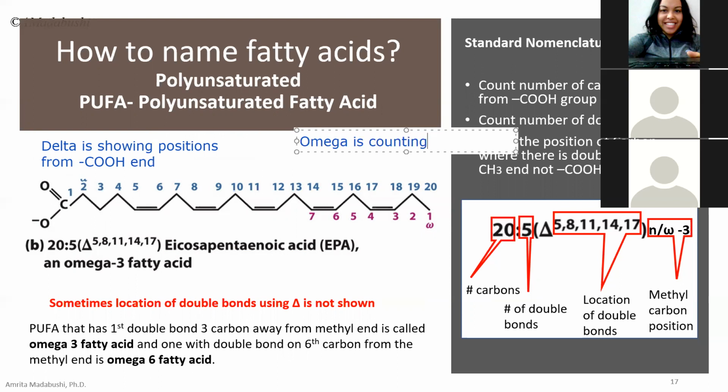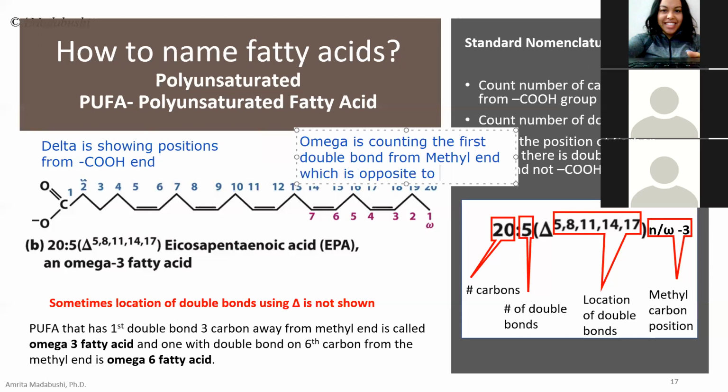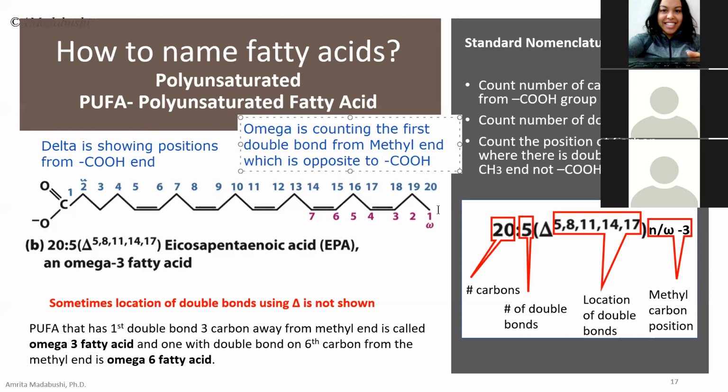Omega is counting the first double bond from the methyl end, which is opposite to COOH. So that is the difference. Omega is counting from the right side, which is the methyl end, and delta is from the COOH side, which is the carboxyl end. They are both for unsaturated fatty acids.